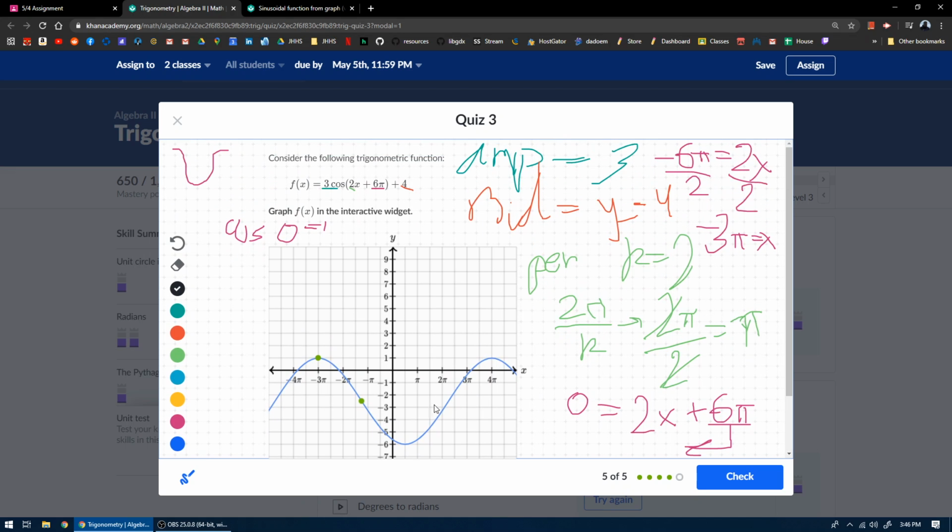Period is pi right here, so it should take pi units to complete one full cycle. Start at the top, down, up, one full cycle, down, up. That's the period. Midline is y equals 4, so the middle will actually be at y equals 4.